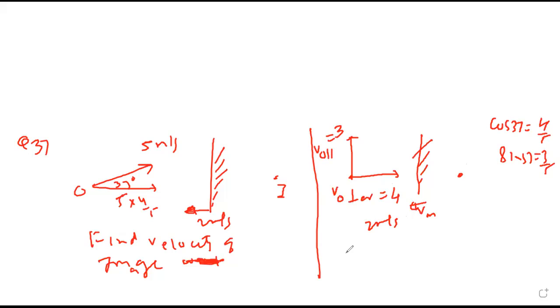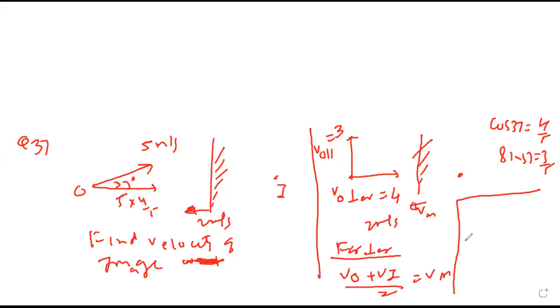The mirror is moving with 2 meter per second on the right side. So can I say for perpendicular, velocity of object plus image upon 2 is the velocity of the mirror? Yes. Then V object is 4. Is the 4 on the left or right?